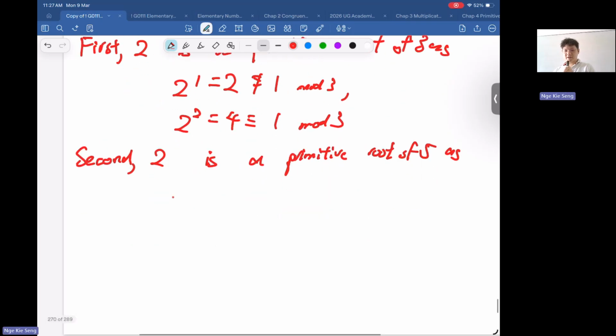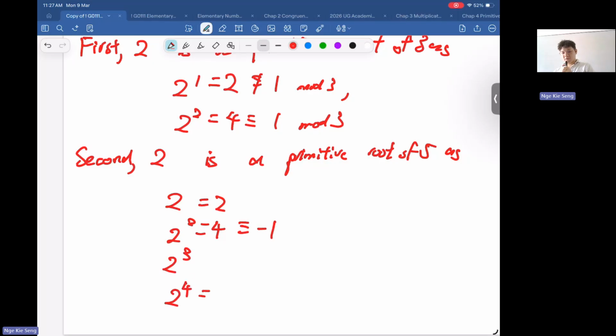What's the calculation here? You start with 2, then 4. And from here, you can roughly quickly see that you get to 1 by 2 to the 4. Just for safety, you can see that 2 cubed is 3, which is not 1. So 2 is again a primitive root of 5.